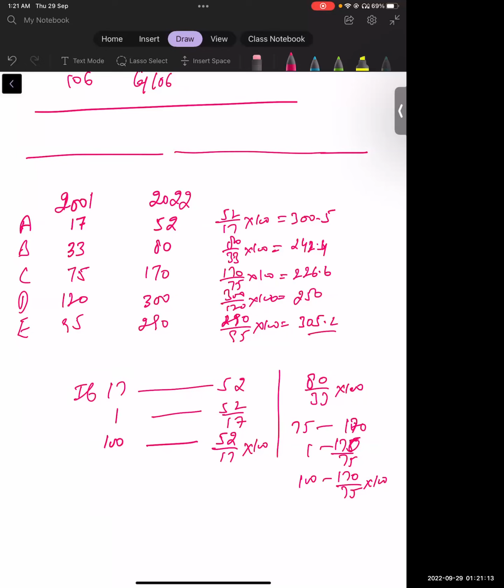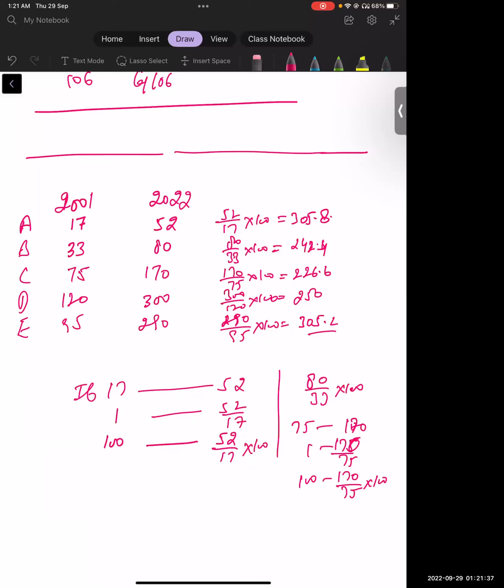The first one was 305.8. That means I heard it wrong also. So which one has moved at a faster rate?